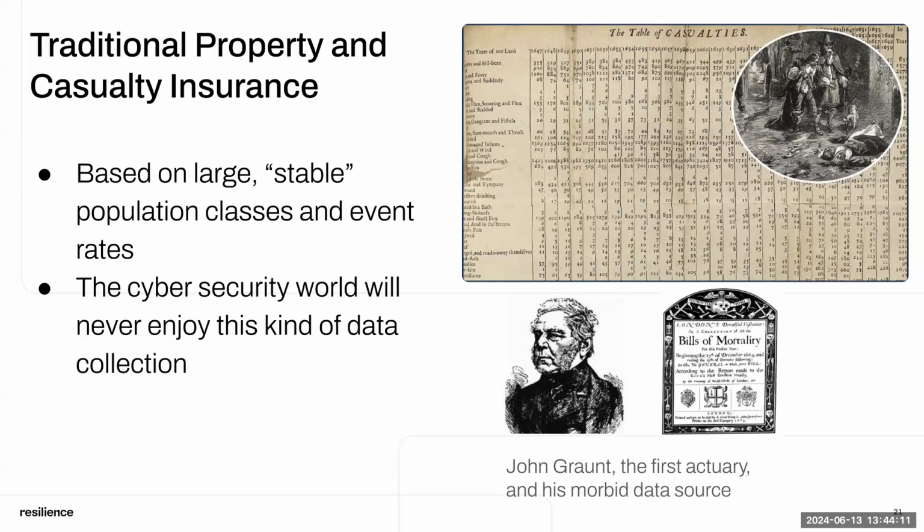If we will have a functioning and valuable risk transfer system associated with cyber insurance, we won't be able to use this type of system. And in fact, the reason we won't be able to use it is primarily for 2 reasons. Number one, we won't ever have the kind of data that exists in actuarial tables. Why is that? Because actuarial tables that we use for other traditional forms of insurance are largely, quote, stable.